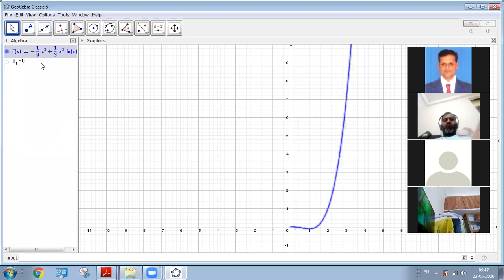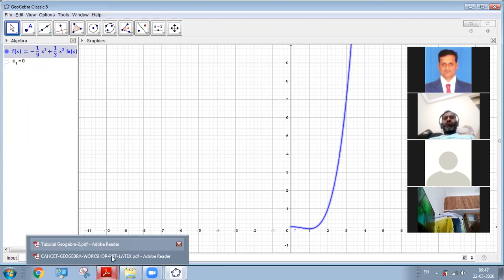So the integral of x squared log x is minus 1 by 9 x cubed plus 1 by 3 x cubed log x.